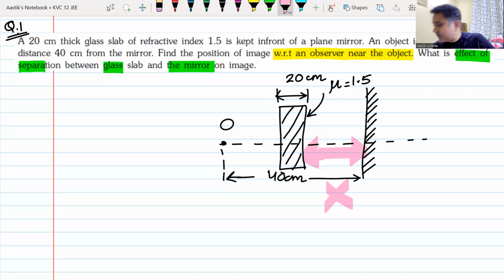Closer. So let us say the object appears here. Let me call this O dash. Can you tell me how much this distance is, by which the object will appear shifted, if I call this distance x? Can you tell me how I can find the value of this x?